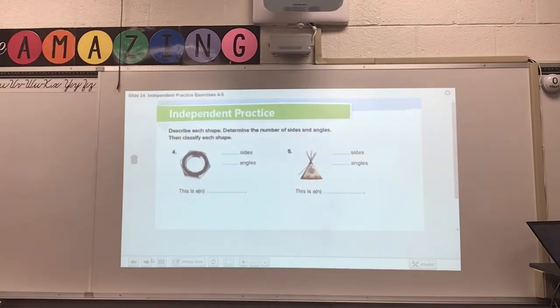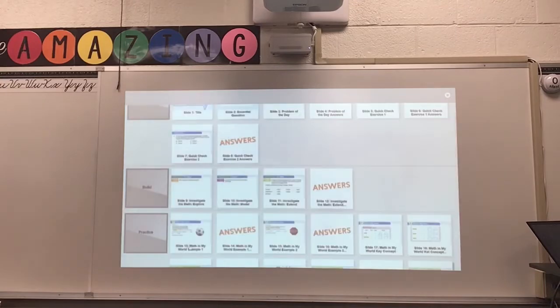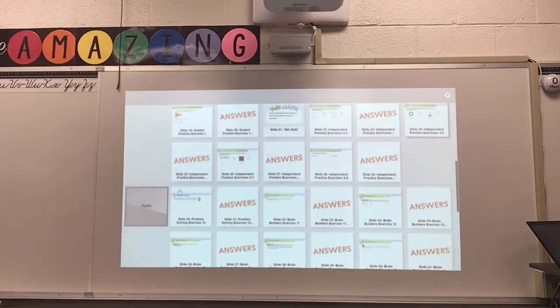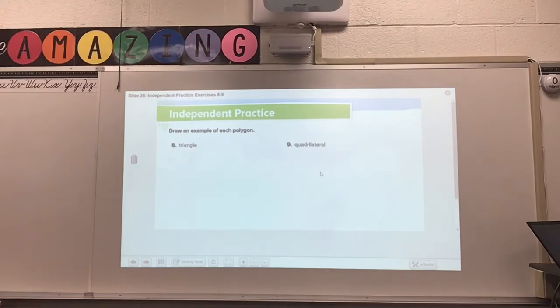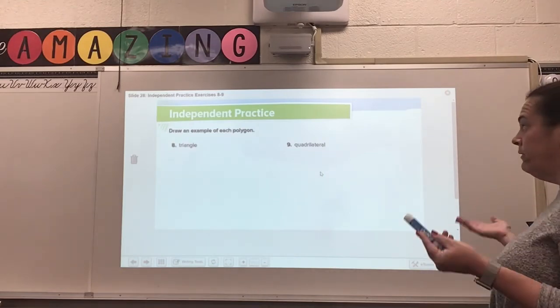Okay, here we have some objects that are shaped like things. So I'm still going to do the same thing. I'm going to count the number of sides and angles so that I can classify what it looks like. Now, when you get to number 8, here all it says is a triangle and a quadrilateral.